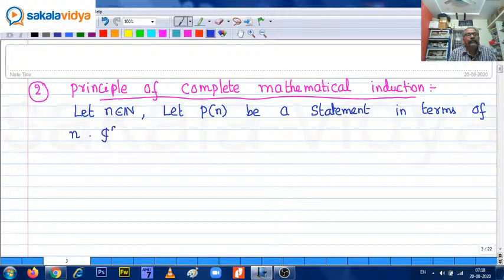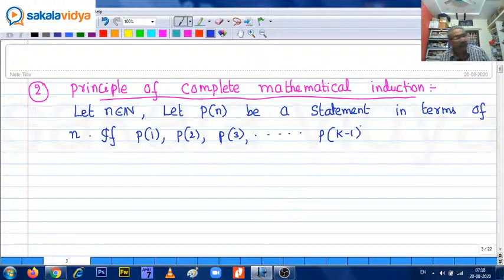If P of 1, P of 2, P of 3, and so on, P of k minus 1 are true, that means we need to check from 1 to k minus 1, now you need not check for P of k. So that implies P of k is also true.